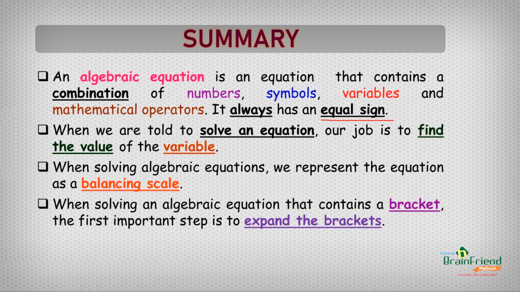We also learned that when we are told to solve an equation, our job is to find the value of the variable. Next, when solving algebraic equations, we represent the equation as a balancing scale. And lastly, when solving an algebraic equation that contains a bracket, the first important step is to expand the brackets.